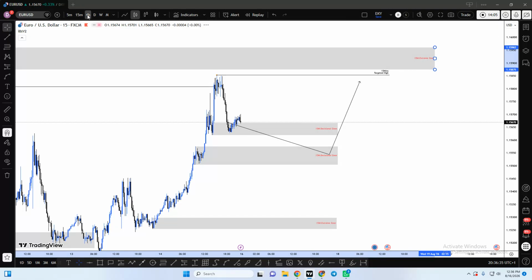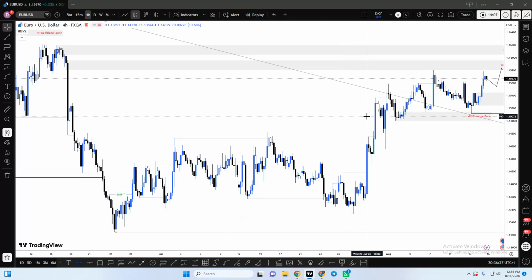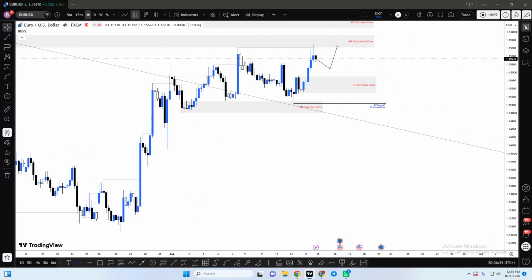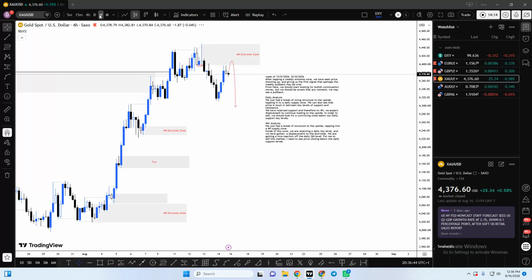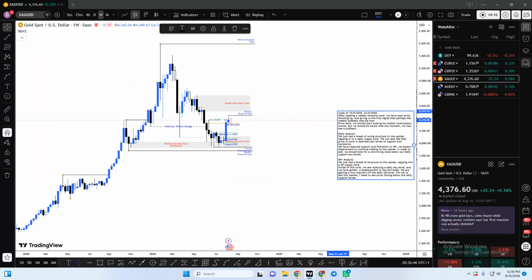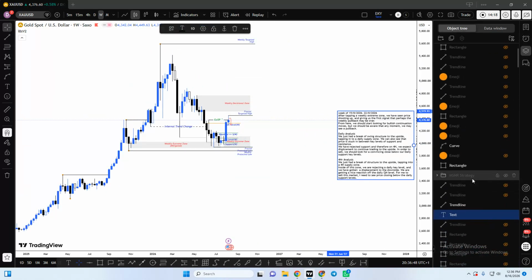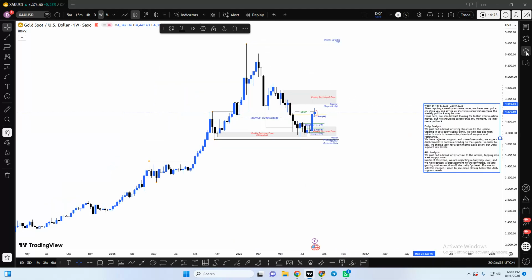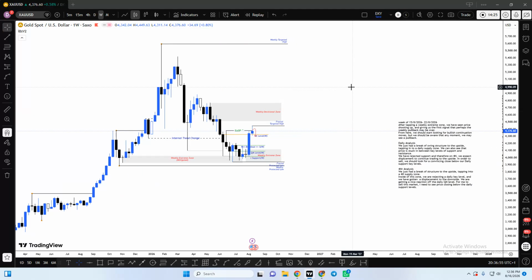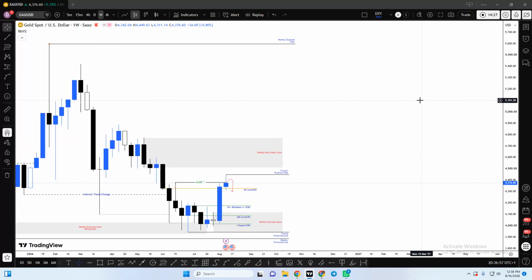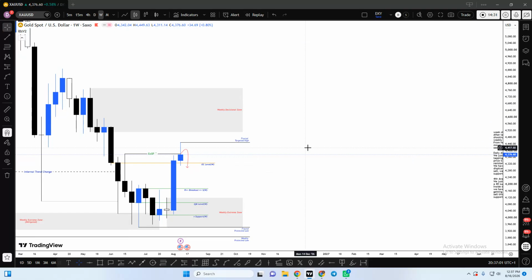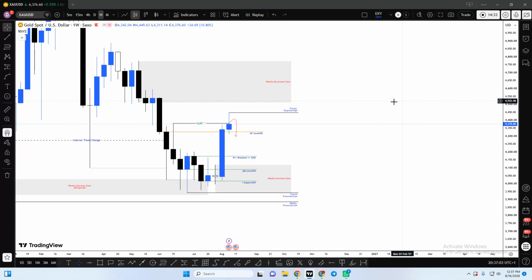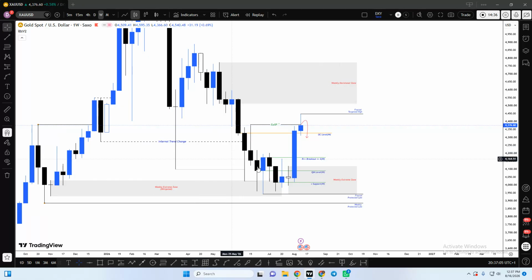And that's about it for Euro USD. Moving on swiftly, let's look at gold. All right. Let's look at gold. Okay, so gold is quite bullish.